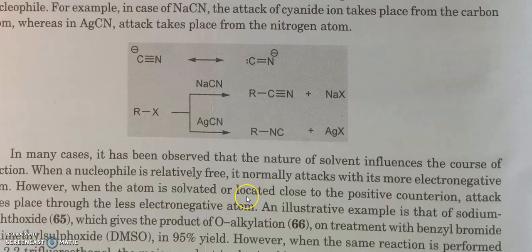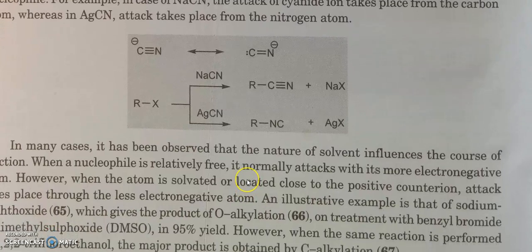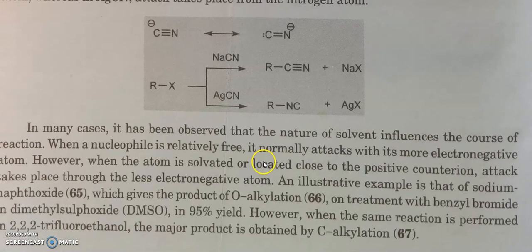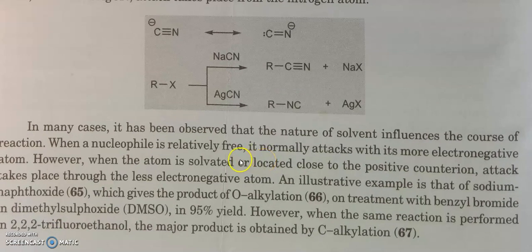In many cases, it has been observed that the nature of the solvent influences the course of reactions. When a nucleophile is relatively free, it normally attacks with its more electronegative atom. However, when the atom is solvated or located close to the positive counter ion, attack takes place through the less electronegative atom.